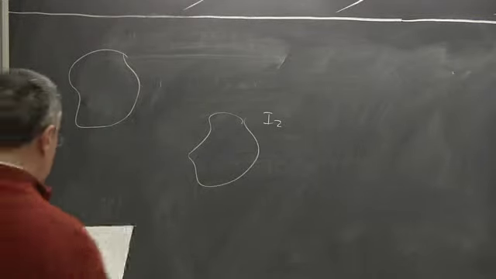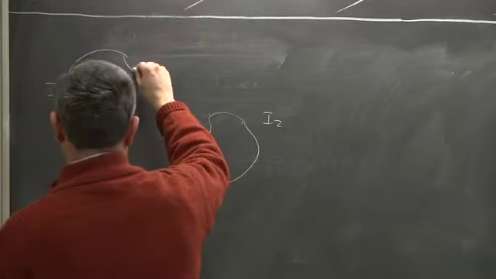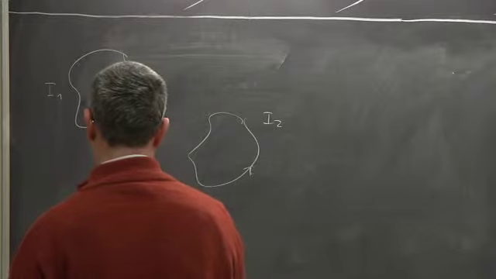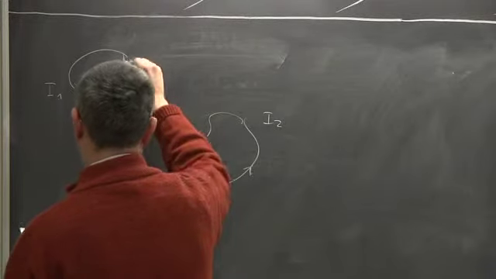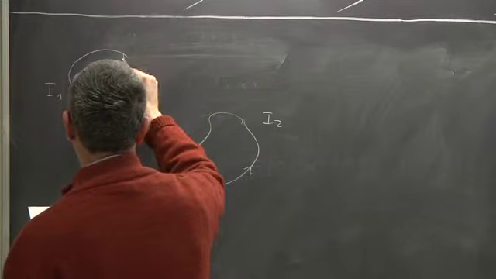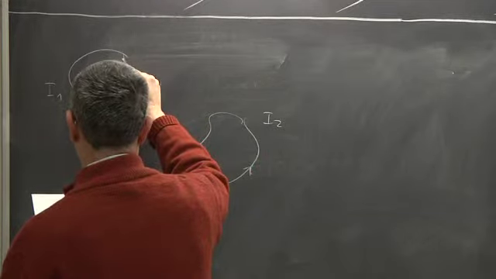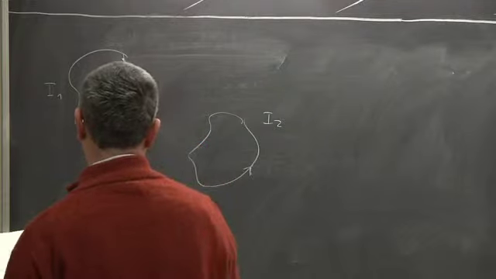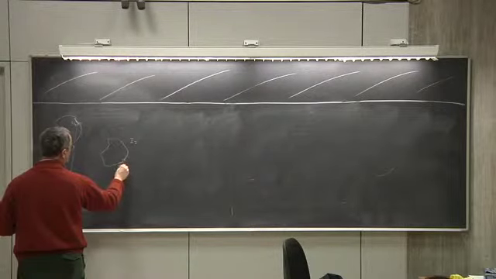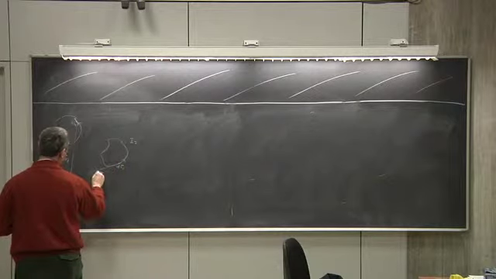So you have a current here and the current there, and I want to use this Biot-Savart stuff, so I take a ds1 here, okay? So this is at distance r1, and I get a ds2 here at the distance r2.